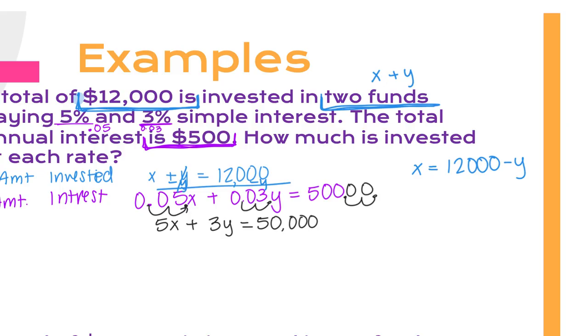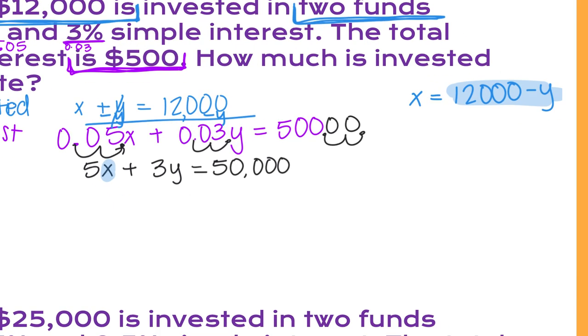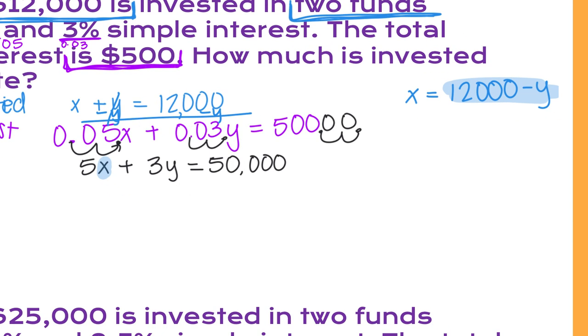And then same thing we did before. I'm going to take that 12,000 minus y, and I'm going to plug it in for x. So writing what I have, I'm going to zoom in so it's a little smaller. I'm going to have 5 times, keep in mind it's multiplication, 12,000 minus y, then plus 3y equals 50,000. And it's algebra 1, just solving for y.